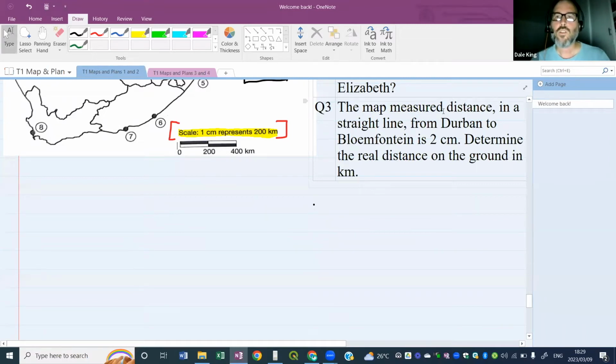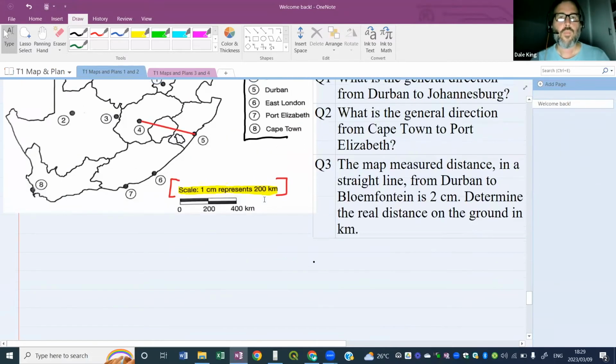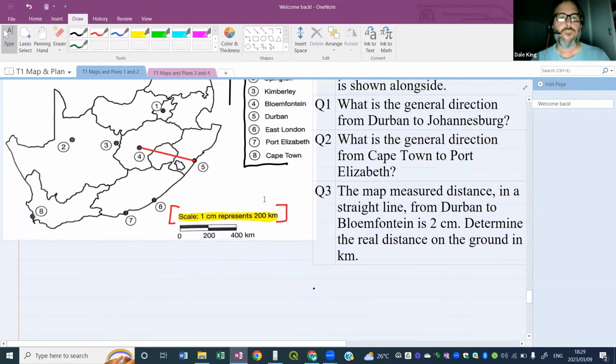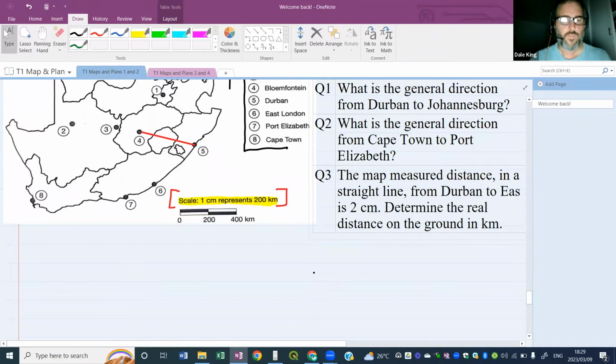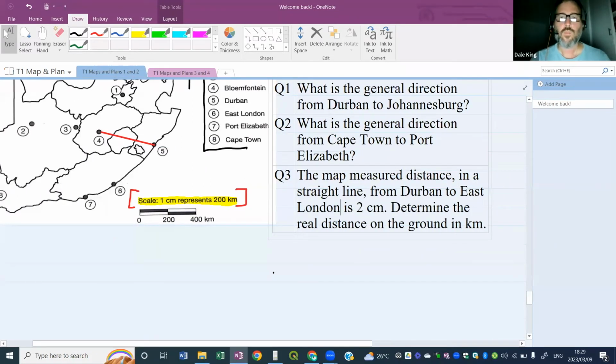I'm going to say the map measured distance in a straight line from Durban to East London is 2,35 centimeters.